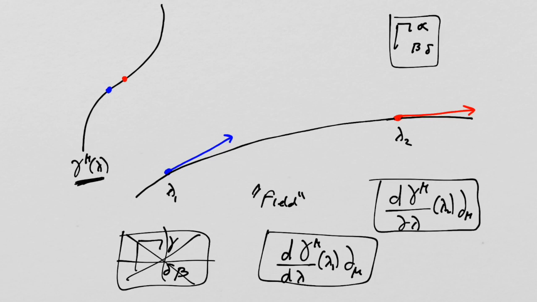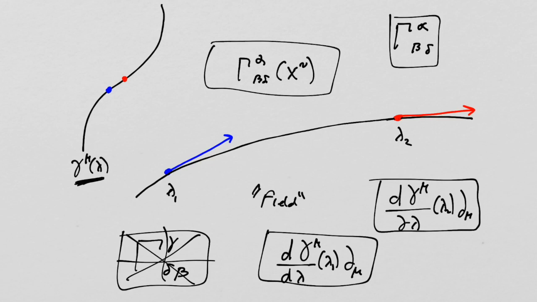I have the function alpha, beta, delta of x, I guess I should put x, say nu, right? I have a function that exists everywhere on the manifold because I get a value for the connection at every point in space-time. And this is what, 4 times 4 times 4, right? There are 4 possible values for those indices. So that's 64. I have, in principle, 64 functions on the space-time.